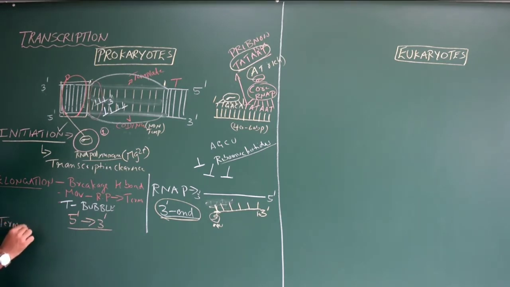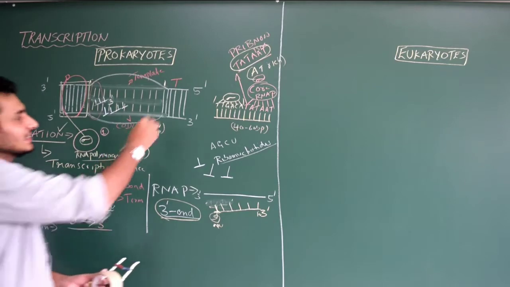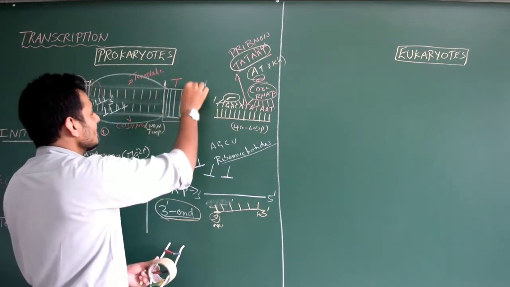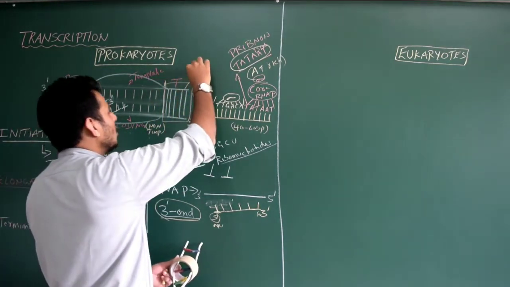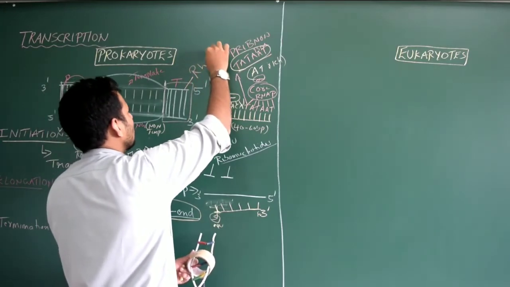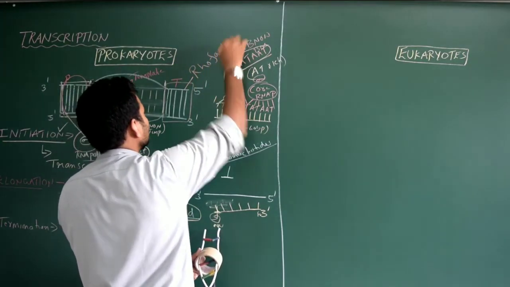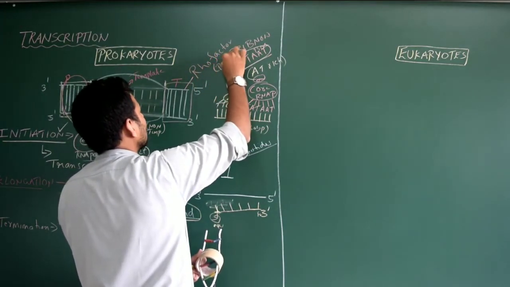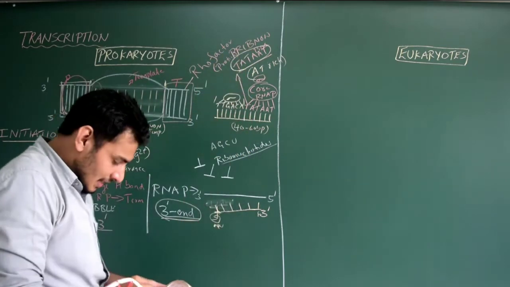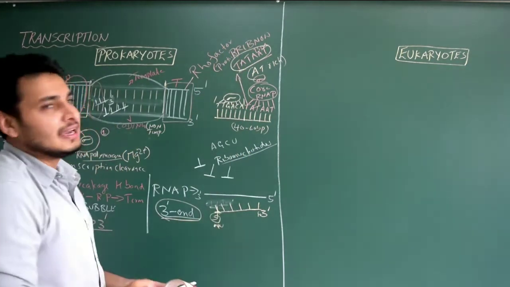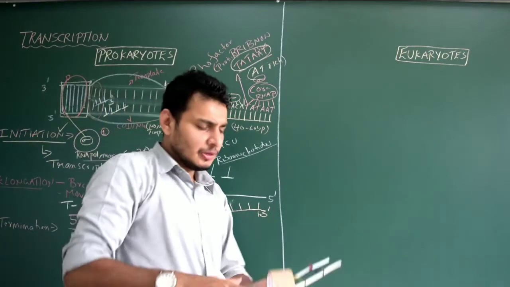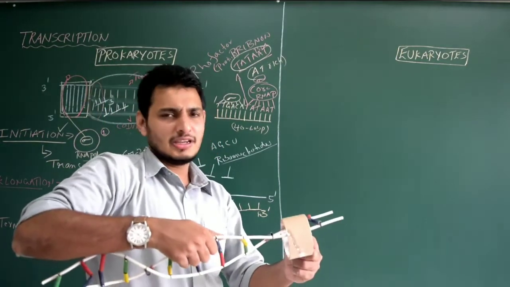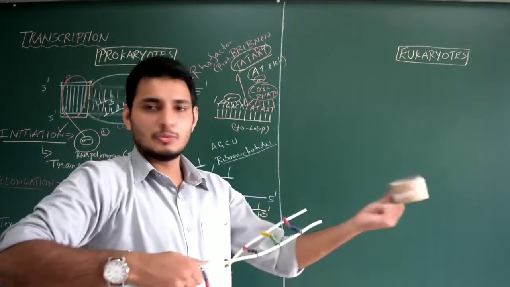What is termination? Termination is when the polymerase reaches the terminator sequence, where there is a protein called the Rho factor or Rho protein. Remember this Rho factor. This Rho protein will detach the RNA polymerase. It will tell the RNA polymerase, okay, enough, your work is done, leave.